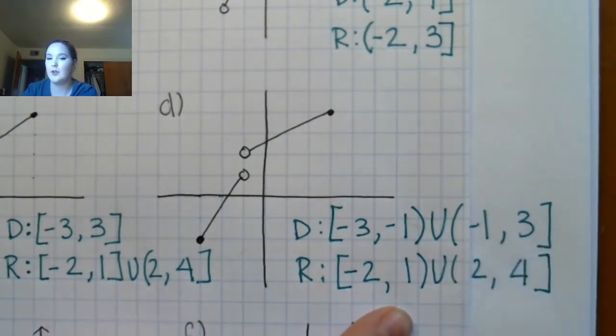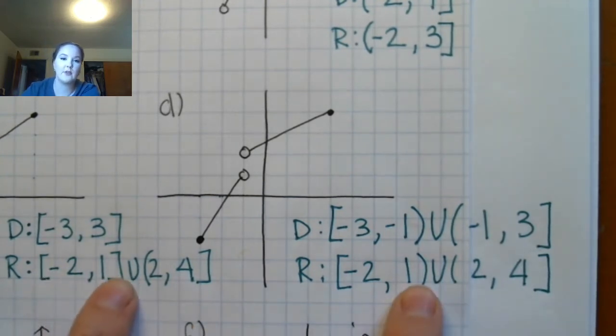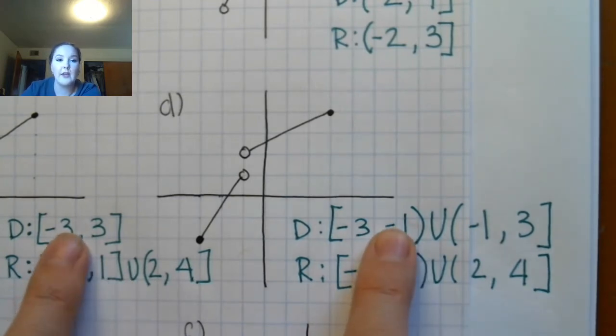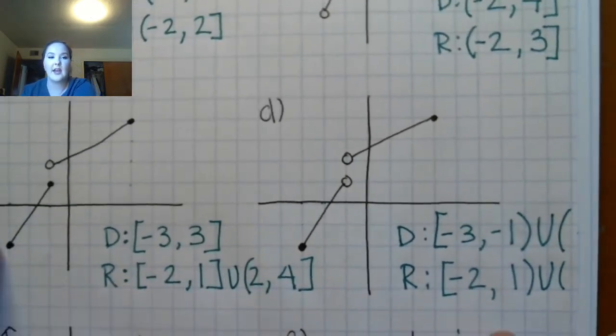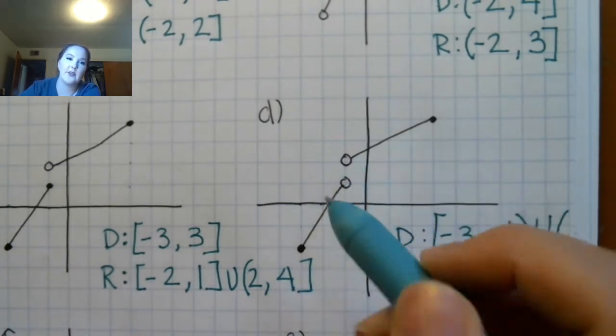And we combine them with the union. So the only difference between the range here is that one is included or not included, but it makes a huge difference in the domain. Because this has no missing x values, it belongs here, whereas this one has a missing value of x.